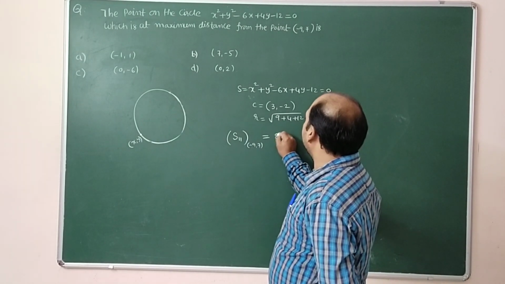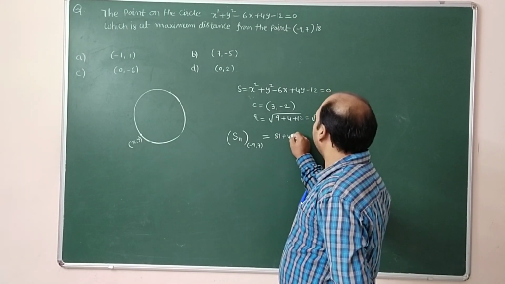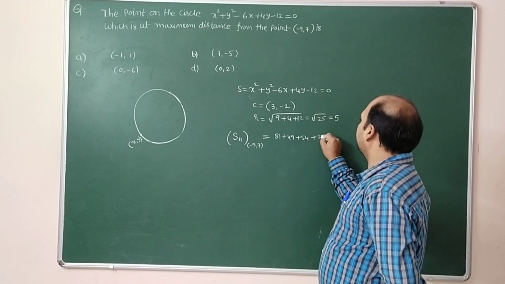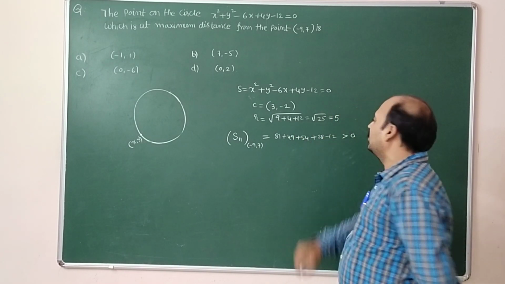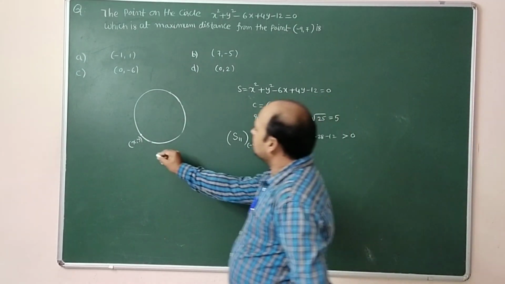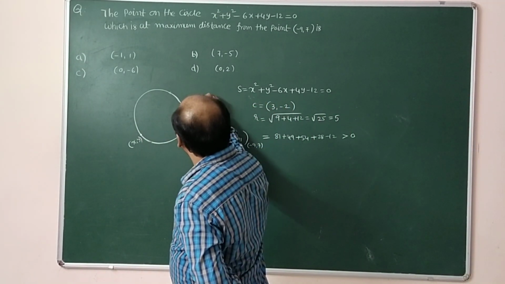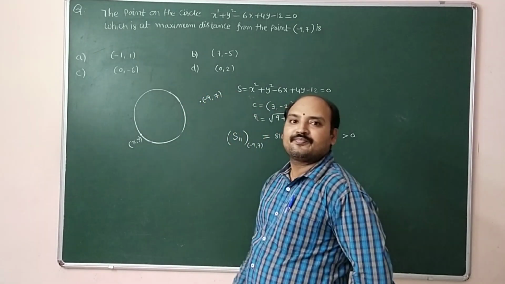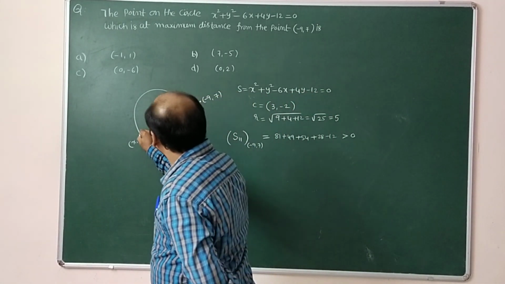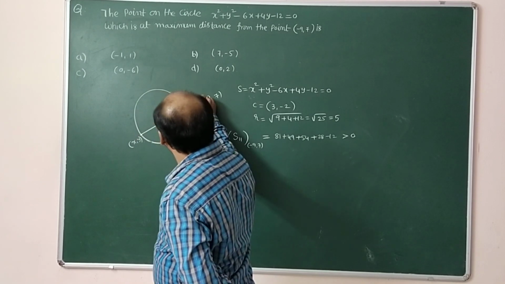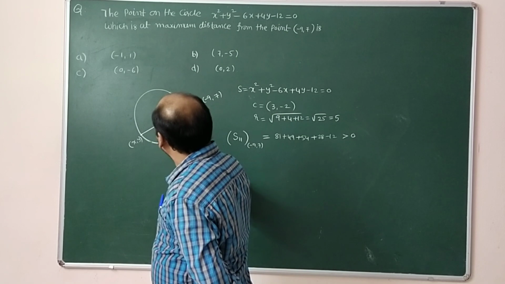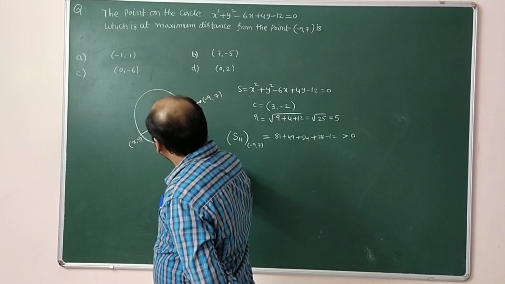So S11 means 81 plus 49 plus 54 plus 28 minus 12, obviously greater than 0. So the point is outside. So from here the point will be minus 9 comma 7. Join like this. Anyway, here center will be there. Center.